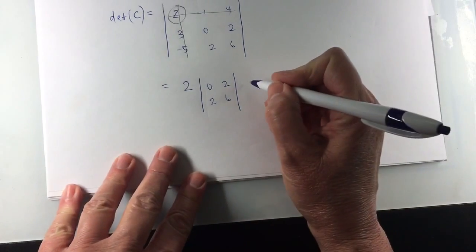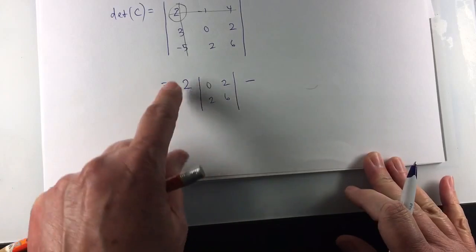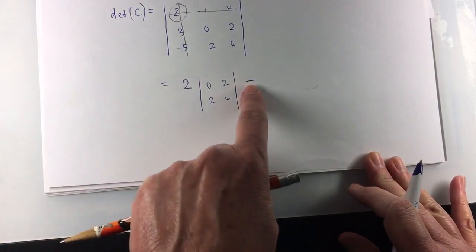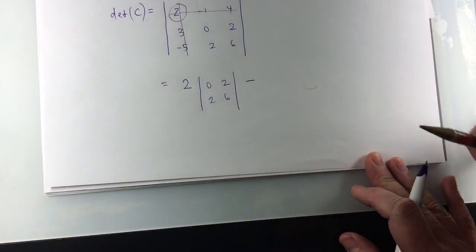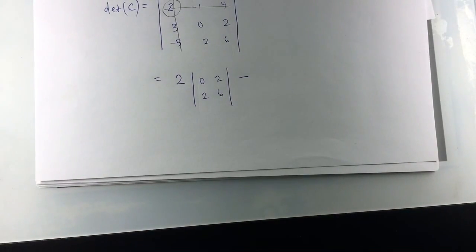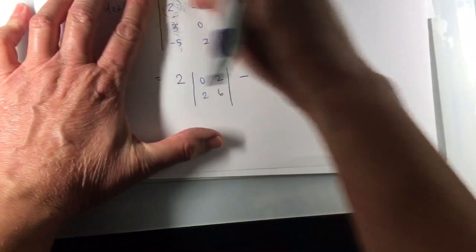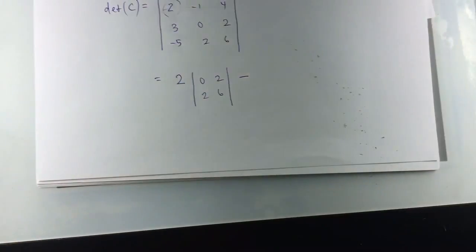Then I change the sign. This is a plus. The signs are going to alternate. It's addition, subtraction, on down the line. But I'll put in my minus sign, and now let me erase these columns I crossed off.